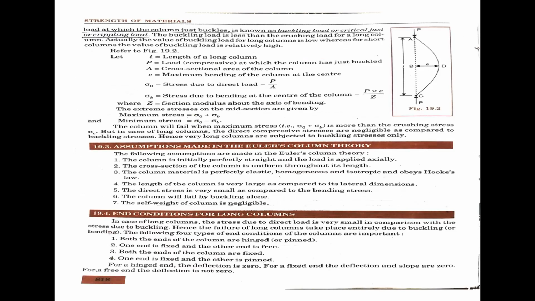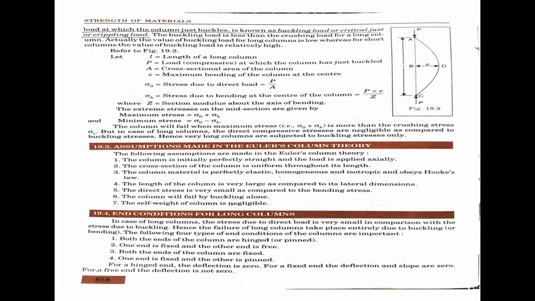The buckling load is less than the crushing load for a long column. Actually, the value of buckling load for long columns is low, whereas for short columns it is relatively high. That is the main concept for both conditions, short column and long column.